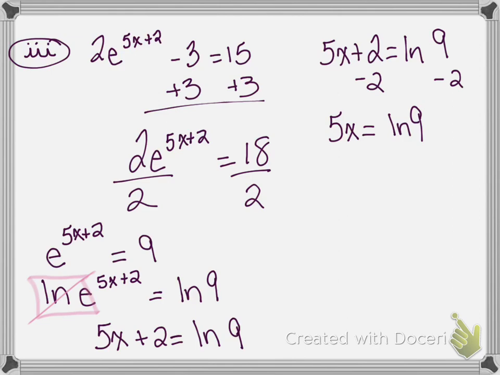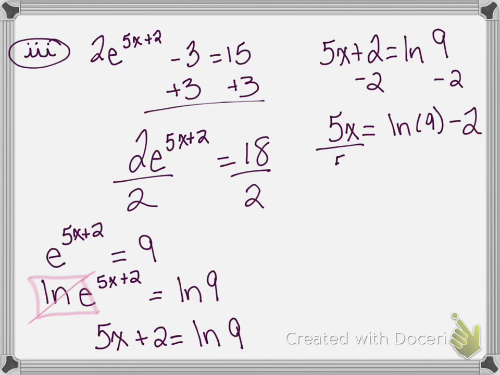That 9 belongs to the natural log, so I cannot say 9 minus 2 is 7. Those are separate things. Think of that as the same way we think of exponents. That's where logs go when we're talking about order of operations. So I can't do 9 minus 2.